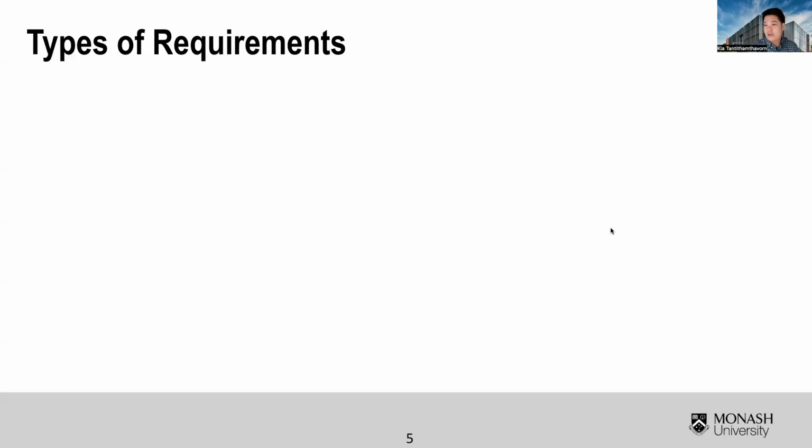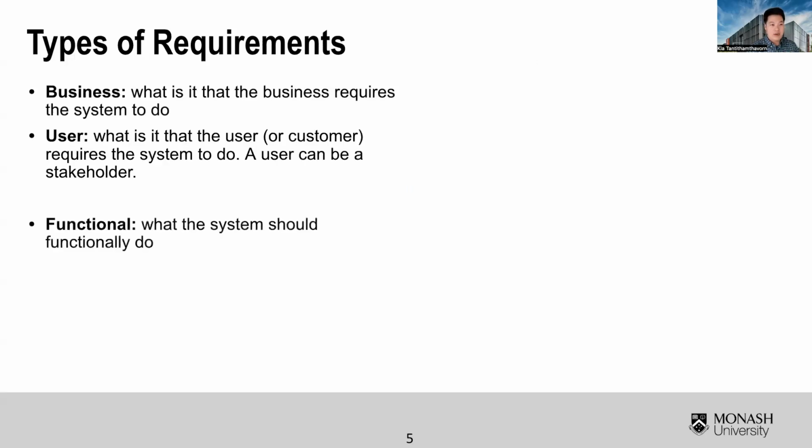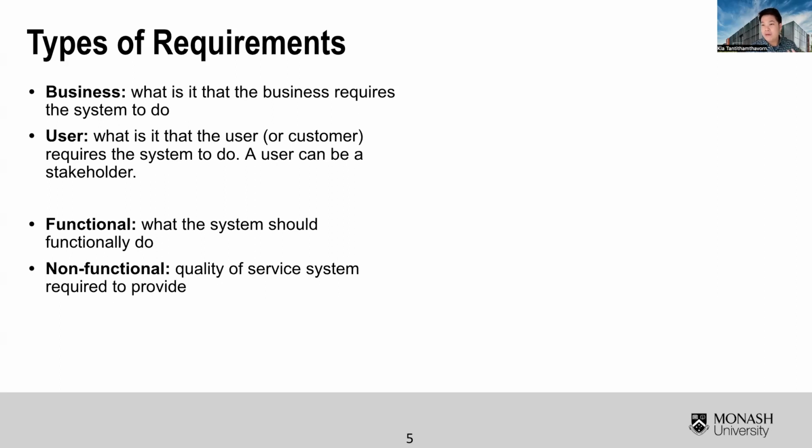There are different types of requirements, from different perspectives. Based on the stakeholders, we can focus on the business requirement and the end user requirement. A business requirement is quite general and high level, from, say, an executive-level perspective: we want a system to increase the revenue of our company.